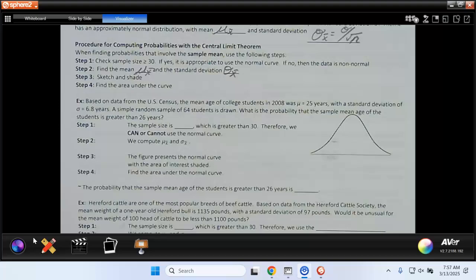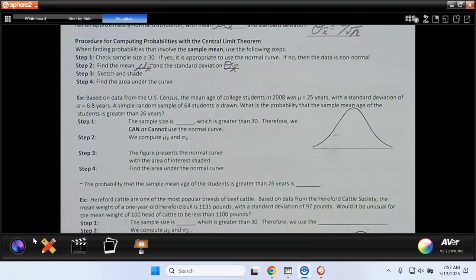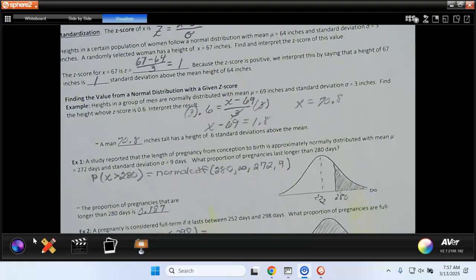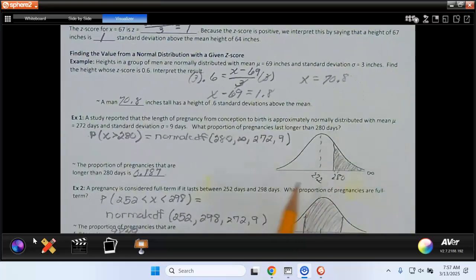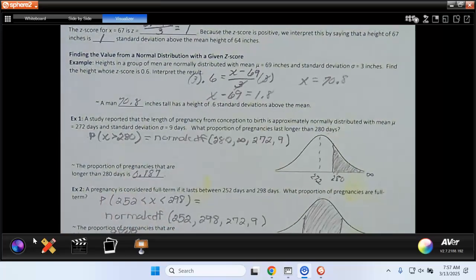So this is similar to that pregnancy one we did. But that was just saying, what is the probability that a woman chosen at random will have a pregnancy that lasts more than 280 days? That would be similar to saying, what is the probability of picking somebody in this classroom that ate more than 3,000 calories?